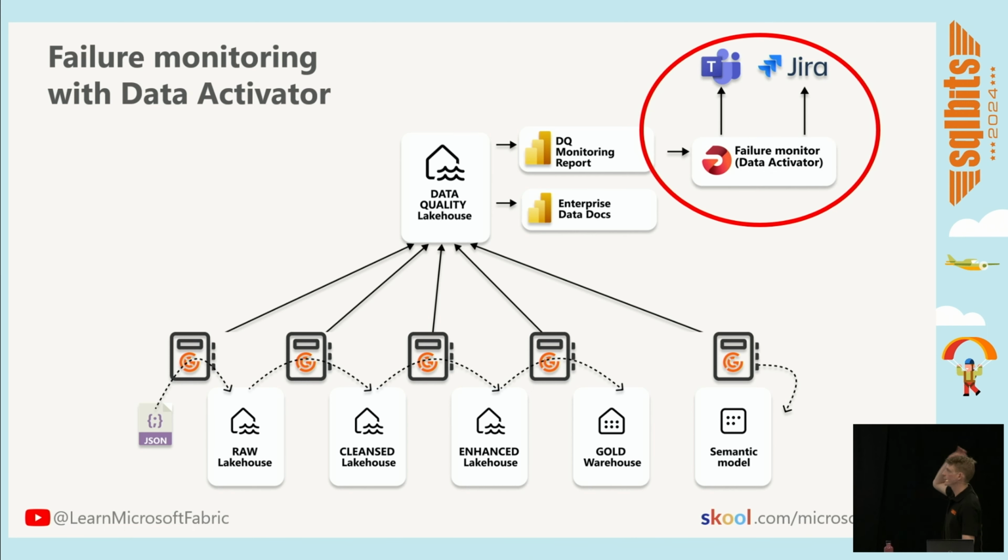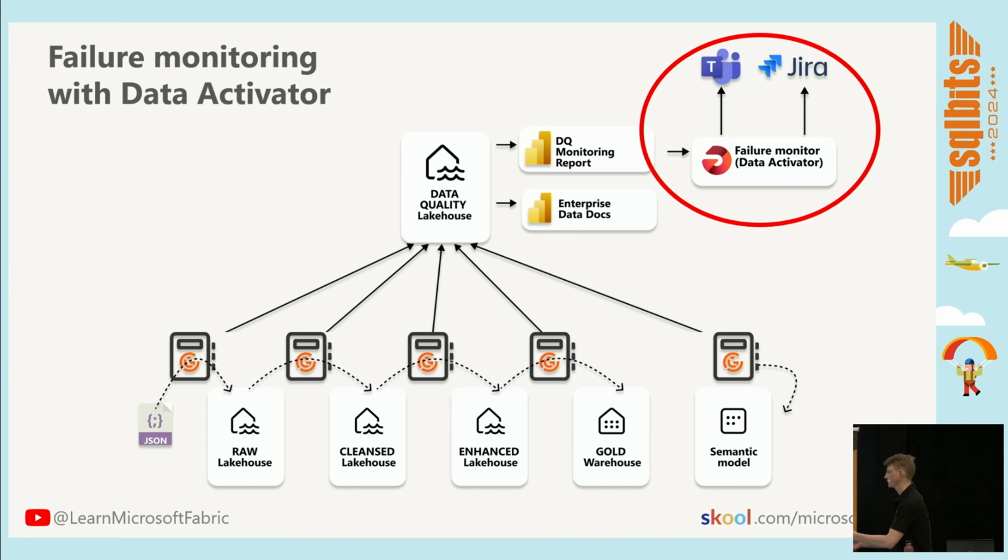Now what we can do is build a data activator reflex. Who knows what a data activator reflex is? Yep. So it's going to monitor a certain visual in that report and look for a condition. You can put any condition you like, but it could be a failure event.